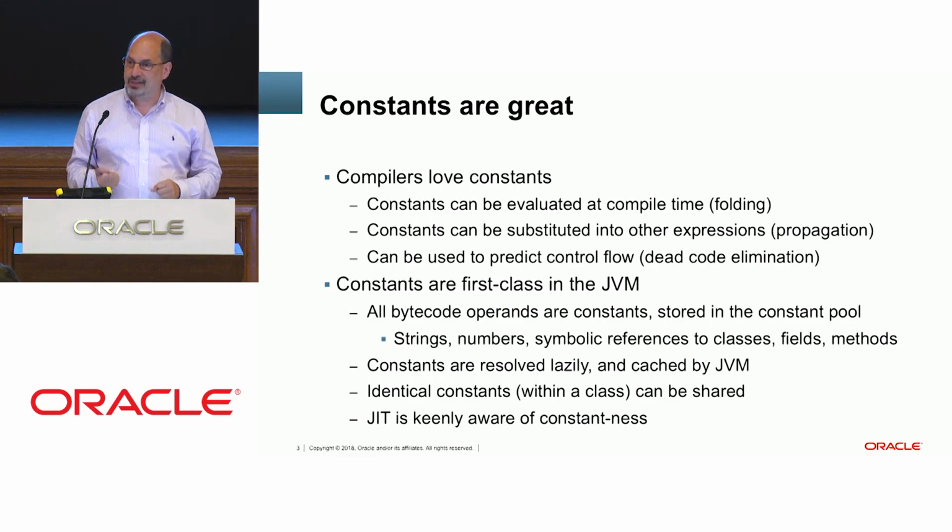They get cached by the JVM, and they can be shared. If the same constant occurs twice in the same compilation unit, you can have just one entry in the constant pool and multiple places that reference it, and that means the resolution overhead is spread out over all of the uses. And of course, the JIT uses constantness to do all sorts of optimizations. So constantness is a really powerful thing.